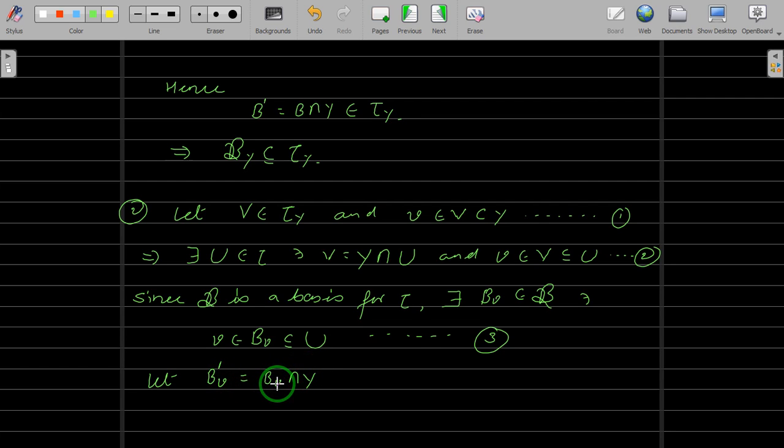You are taking one basic element from B and intersecting with Y. This implies this element will belong to your script B_Y. All those points you can note down. So you got one element B_V dash in B_Y, and as I said, this will contain V.